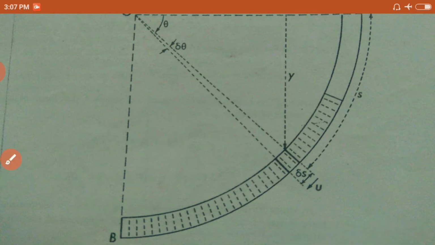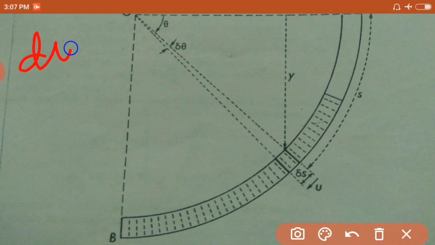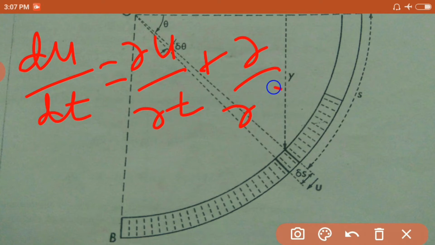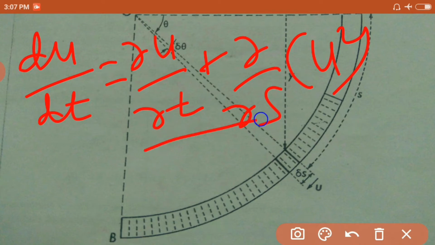So what we get? We get du by dt is equal to dou u by dou t as it is, and in place of u dou u by dou s we have dou by dou s of u square by 2. So put this value in equation first.